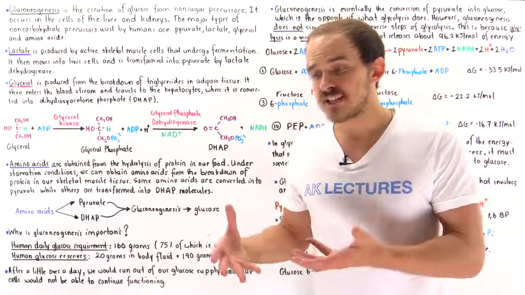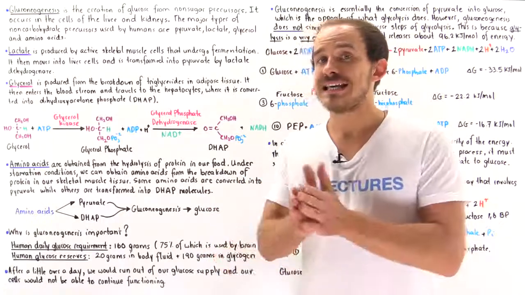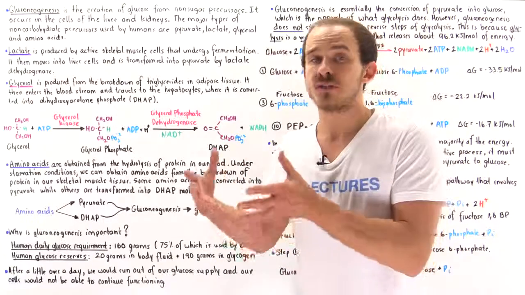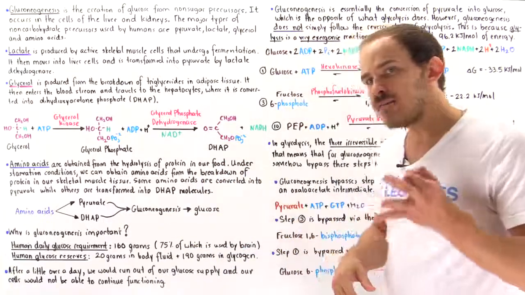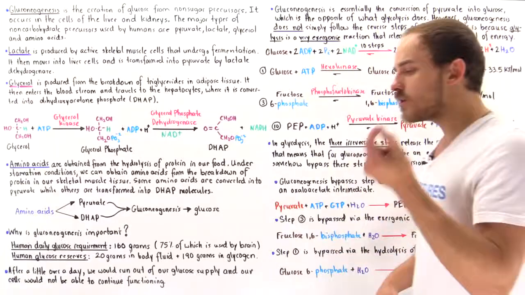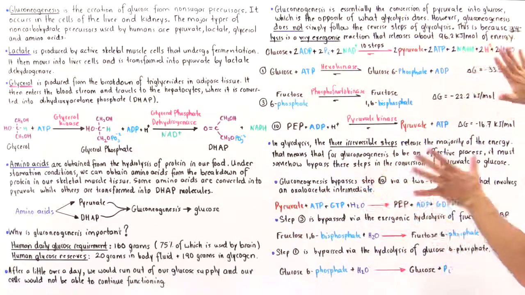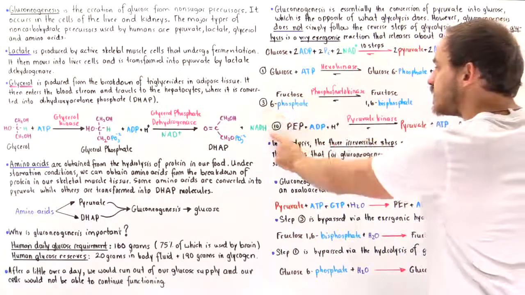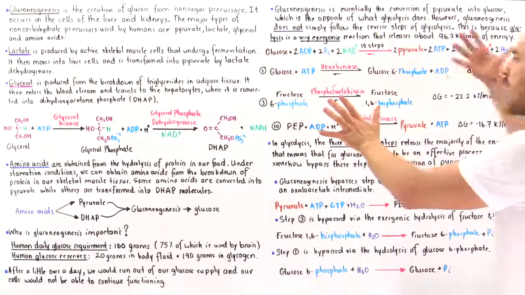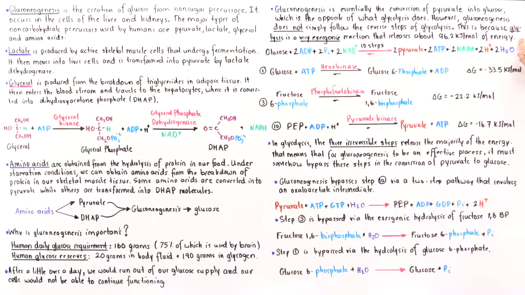And what that means is, when a reaction is at equilibrium, the Gibbs free energy is equal to 0 or very close to 0. But 3 of these steps, step 1, step 3, and step 10, are very exergonic steps. In fact, these are the 3 steps that essentially make up the majority of the free energy that is released in the process of glycolysis.